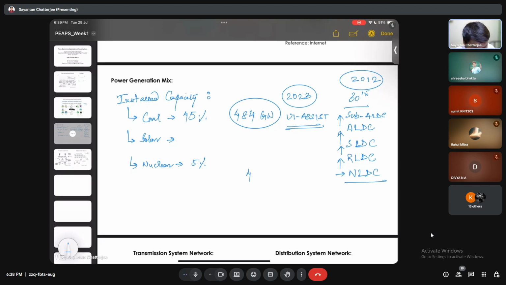Recently, in a post from the government, it has reduced to 49.9%, and the renewables have gone, means Ministry of MNRE, where hydro is also a part. So total installed capacity has gone beyond 50%.